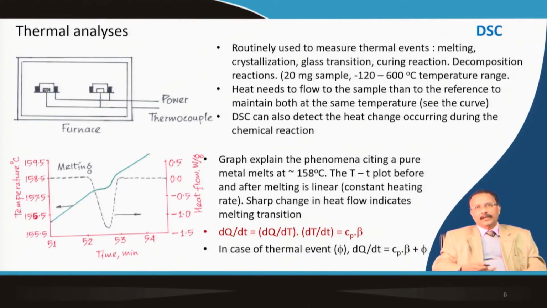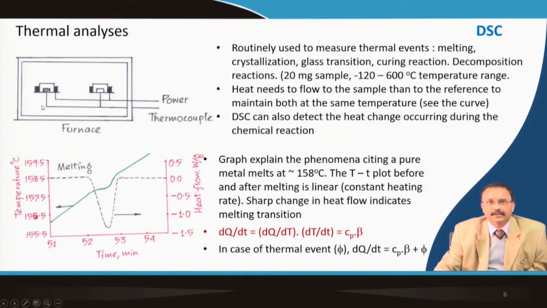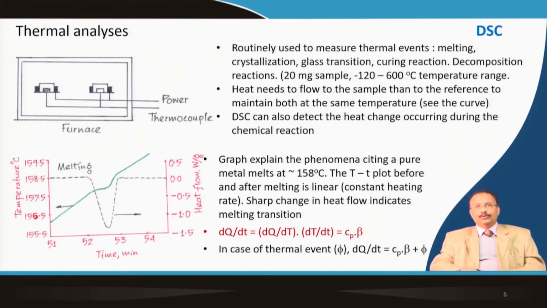Usually about 20 milligram samples are kept in one of the crucibles inside a DSC furnace, and the temperature range can be quite wide, maybe from minus 120 degrees Celsius to 600 degrees Celsius. Heat needs to flow to the sample more than to the reference to maintain both at the same temperature.